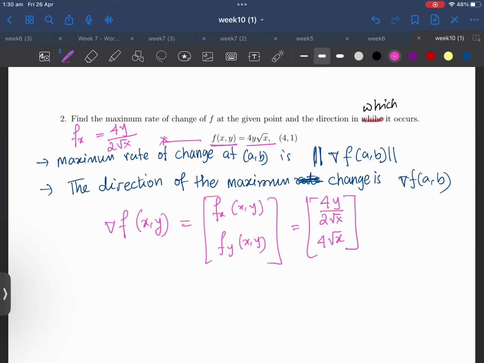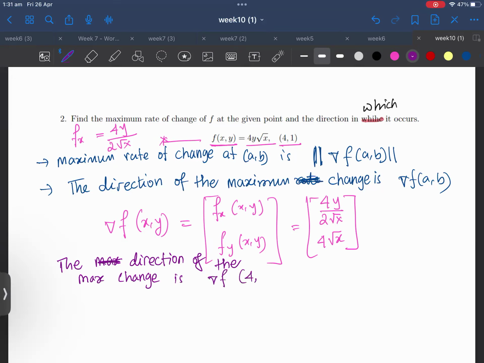Now, you need to find out the direction of the maximum change at the given point. The given point is (4, 1). So write down the direction of the maximum change is at (4, 1).